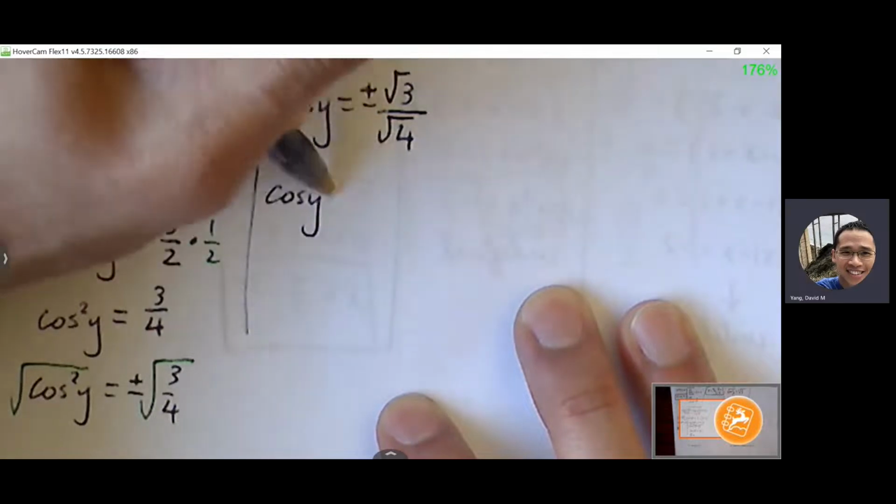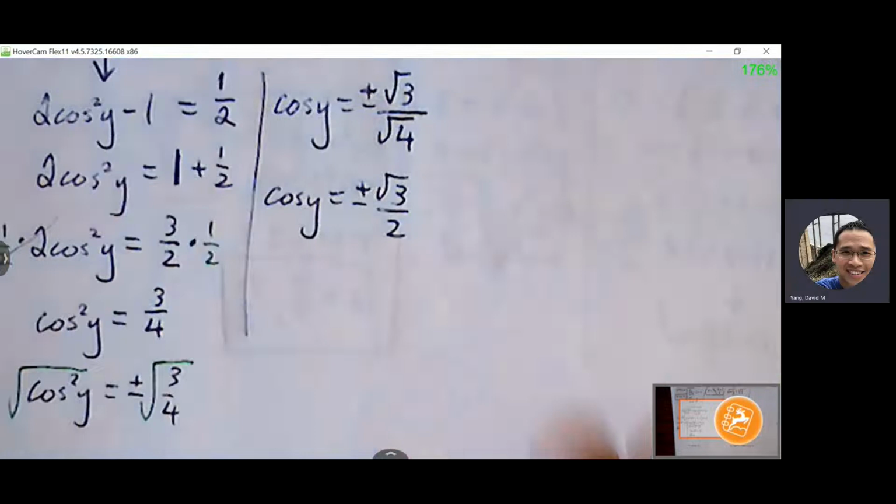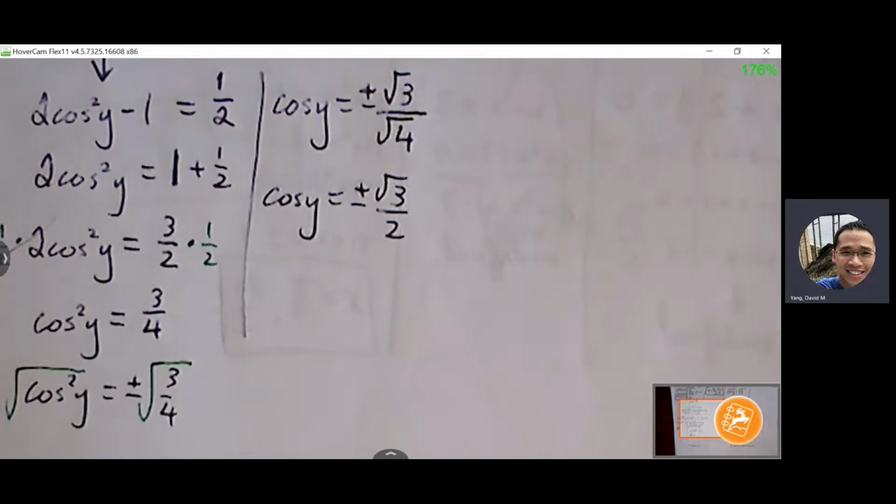Root 3 over 2. Okay. All the variations of what? 5 or 6, yeah.